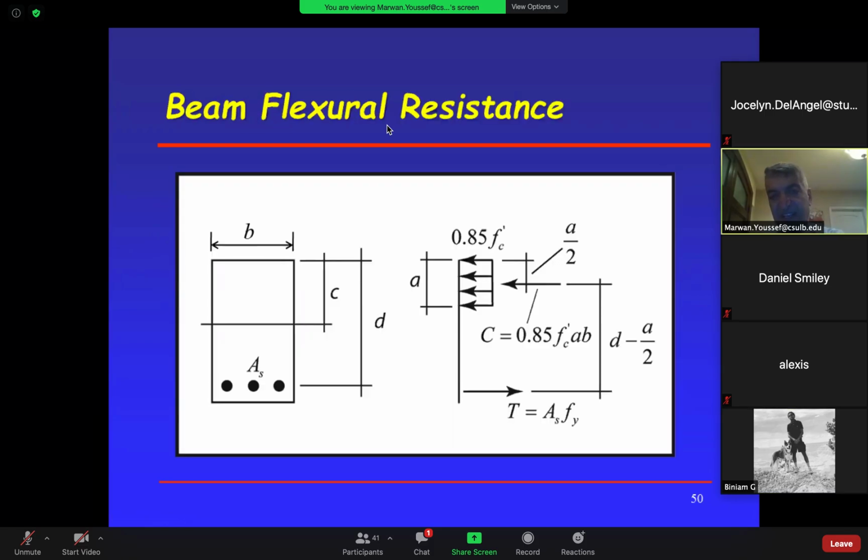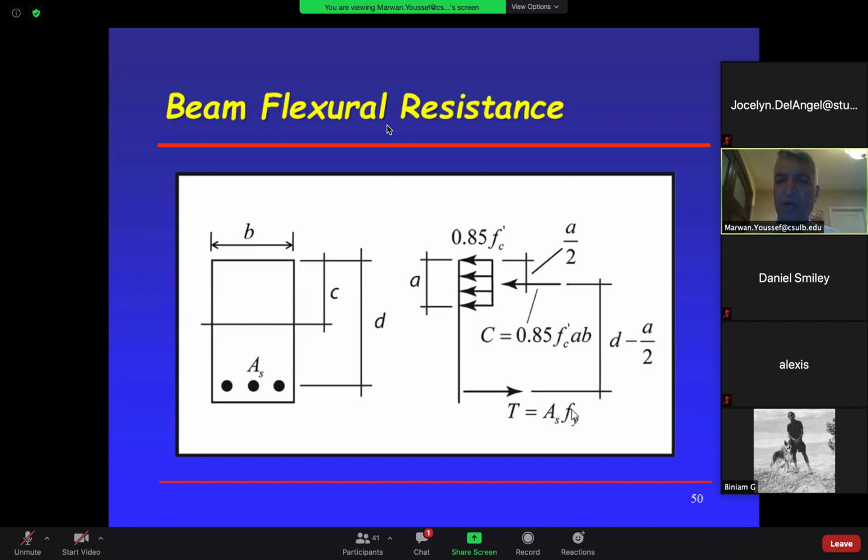Now, so what happened here? Remember in high school physics, when you had two equal parallel forces, because we know C equals T for equilibrium, two equal forces, parallel, separated by a perpendicular distance, that forms a couple. That couple equals one of the forces times the perpendicular distance.